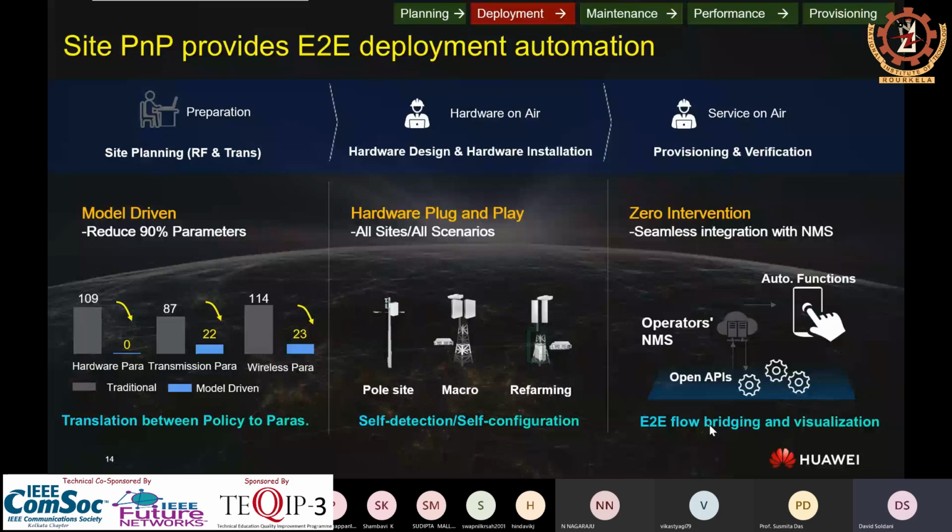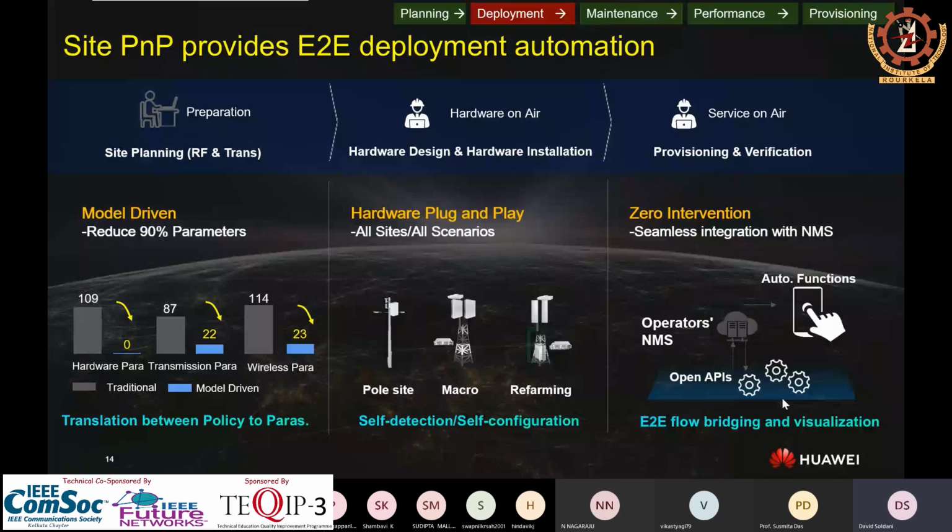In addition to this, we have a self-configuration, plug-and-play system, and we also have algorithms now to avoid intervention, because once the system is up, we have the possibility of visualizing how the service itself works.